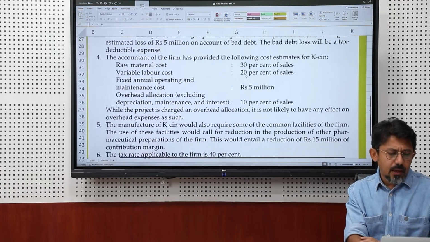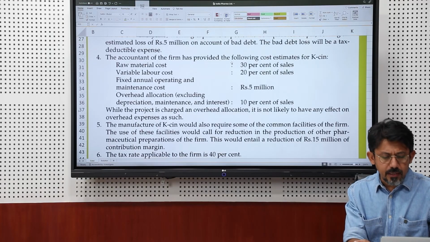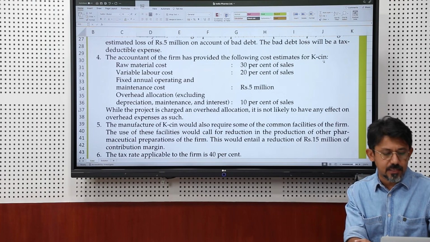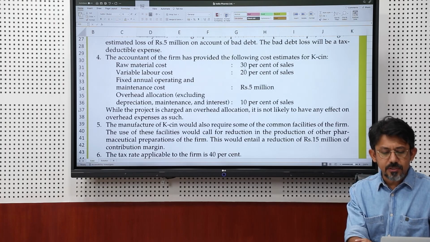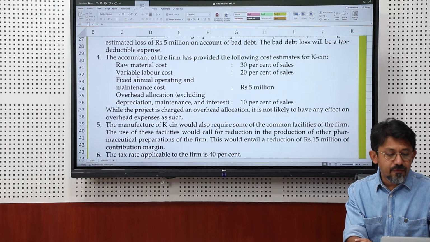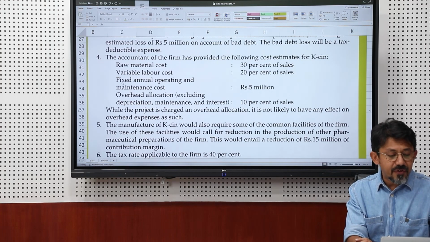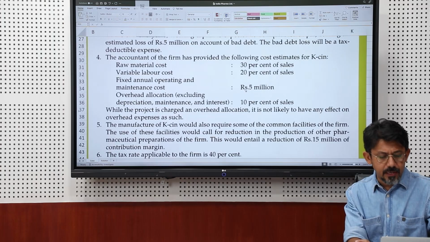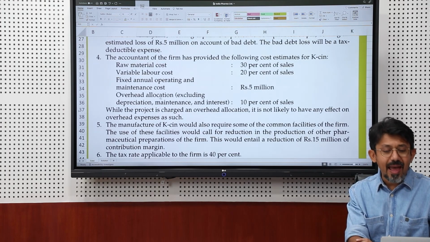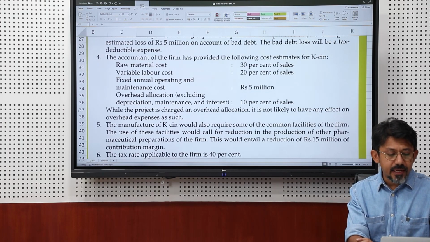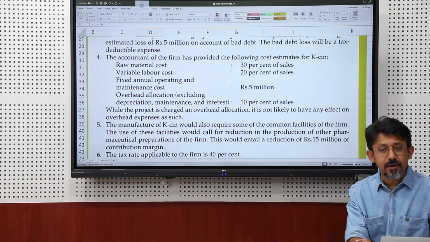Let us move on. The accountant of the firm has provided the following cost estimates for Casin. Raw material cost is 30% of sales, variable labor cost is 20% of sales, fixed annual operating and maintenance cost is 5 million rupees, overhead allocation excluding depreciation, maintenance and interest is 10% of sales.